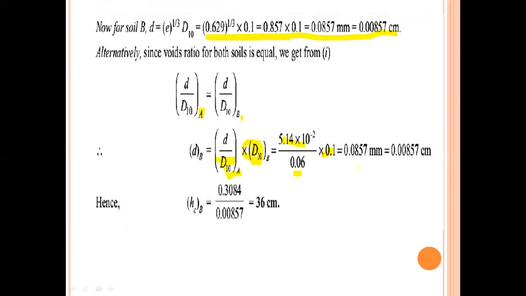That equals 0.0857 mm, and it's converted into centimeters, 0.00857 centimeters.